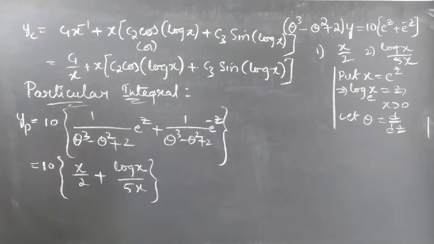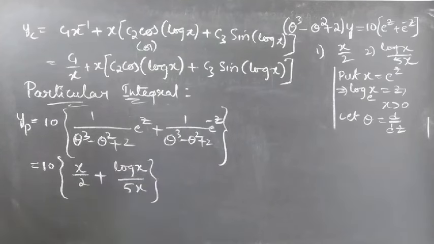Then yp becomes 5x plus 2 log x by x, or 5x plus 2 by x into log x. So we got yp and yc.